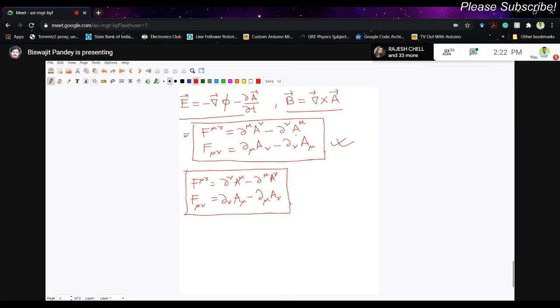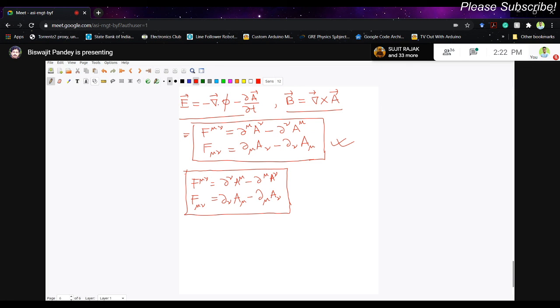This can be easily shown. If you see what is F mu nu and what is A nu, again you can prove it. But there is no point in proving that, because you know what is Ex. You can write down what is Ex.